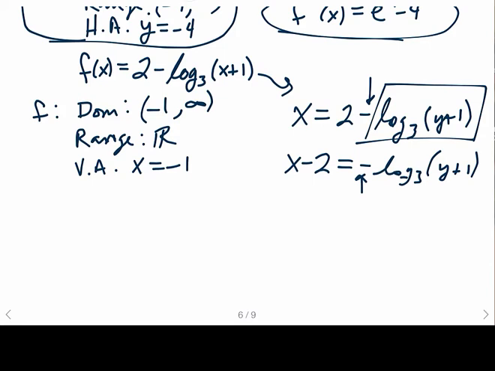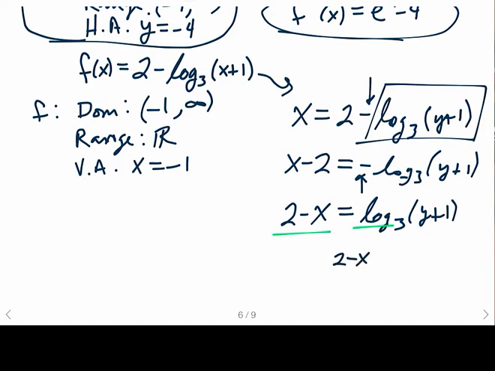So I'm going to multiply both sides by -1. That's going to have the effect of making it so that on the left-hand side, x minus 2 becomes 2 minus x, right? They both change signs, and then I rearrange the order. That's equal to log base 3 of y plus 1. Keeping in mind now that a logarithm is an exponent, the exponent is going to be 2 minus x.